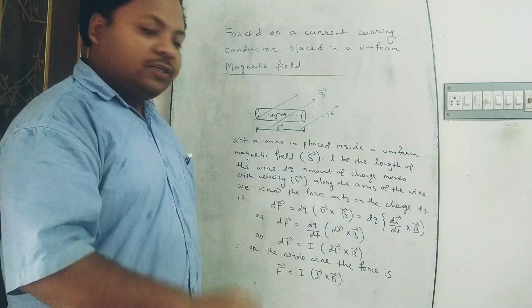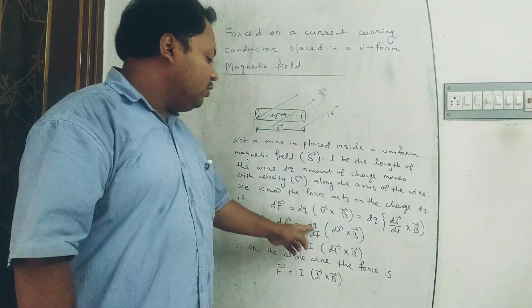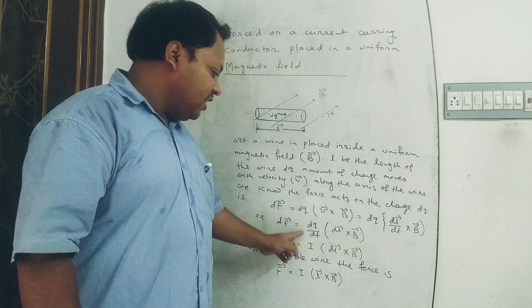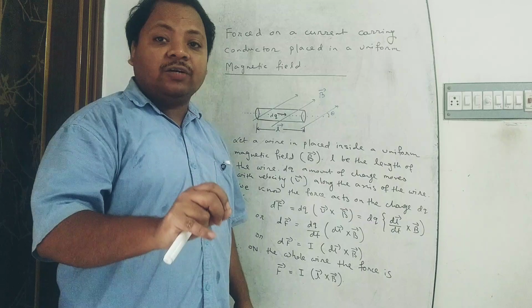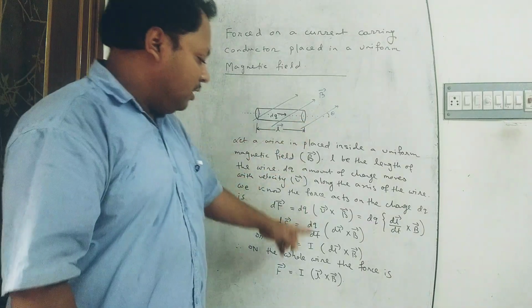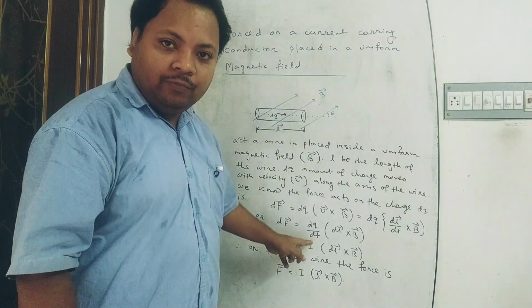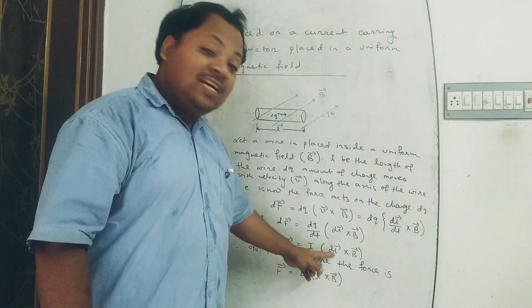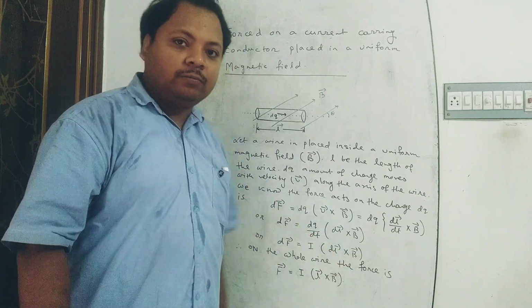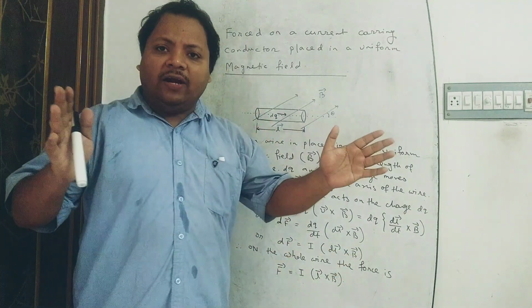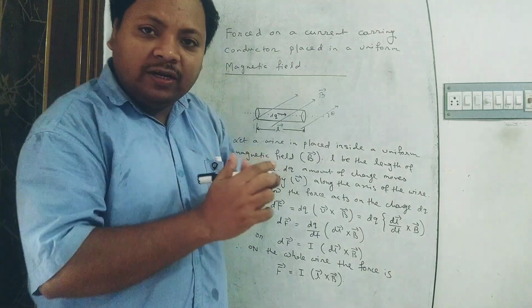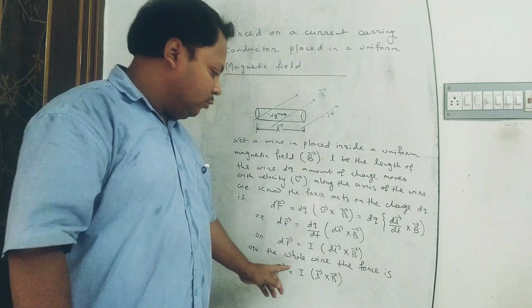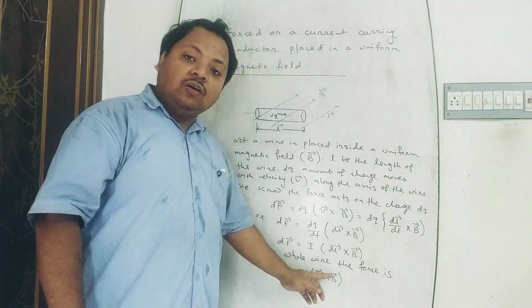We can also write dF is equal to dq/dt into dl cross B. Here dq/dt denotes the current passing through the wire, denoted by I. That's why we can write dF is equal to I dl cross B. For the whole wire having length L, the force F vector is equal to I into L vector cross B vector.